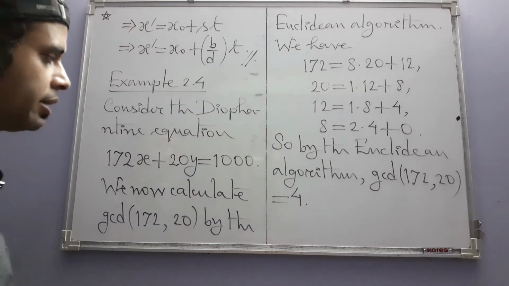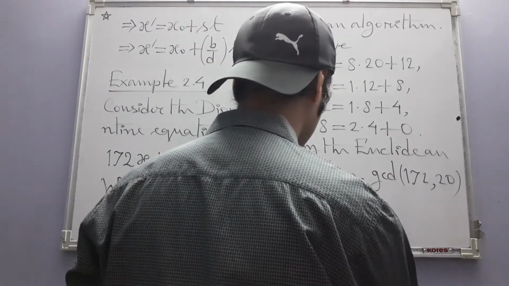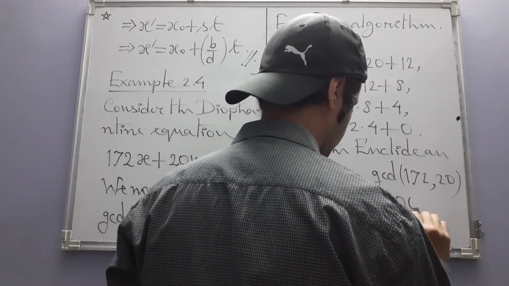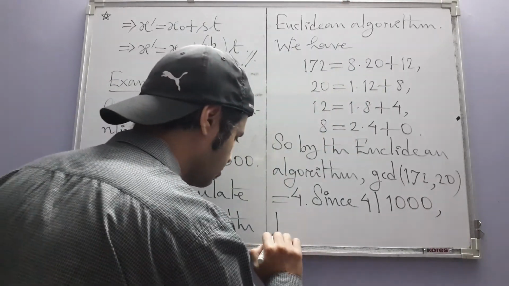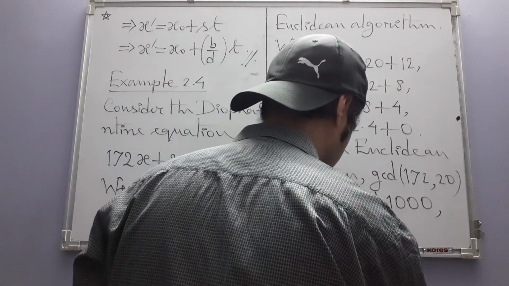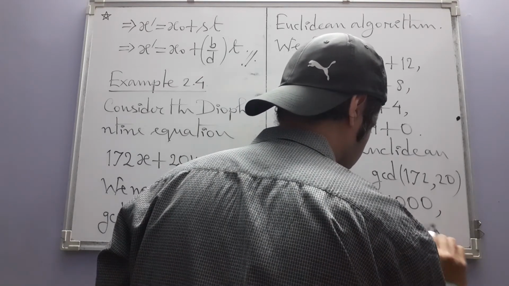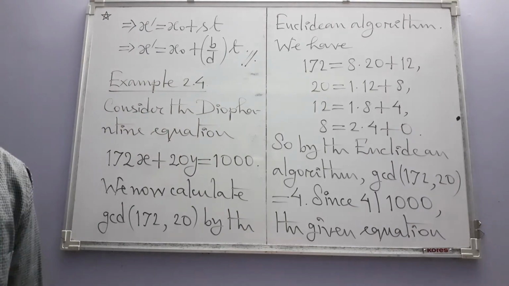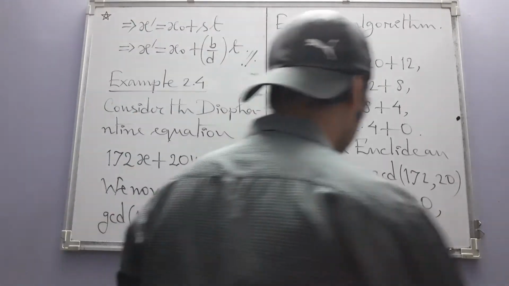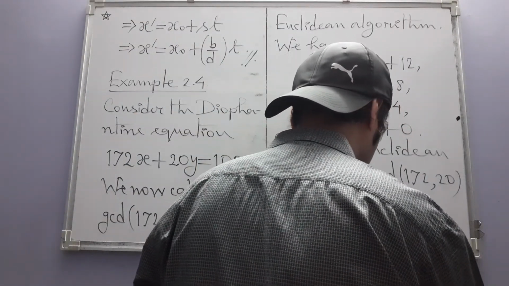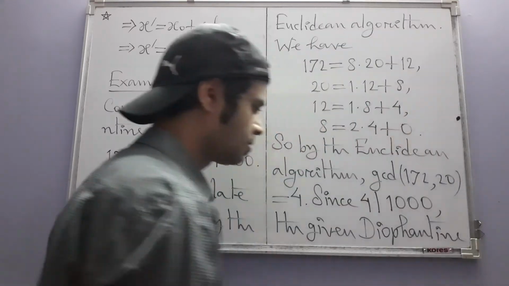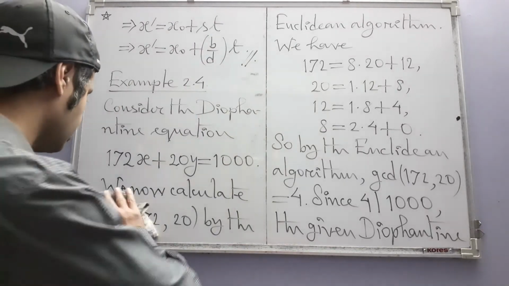Now 4 actually divides 1000, so the given Diophantine equation has a solution. If I simply write that the equation has a solution, that has a slightly different meaning, so I should mention Diophantine. A Diophantine equation having a solution means the solution is an integral one.